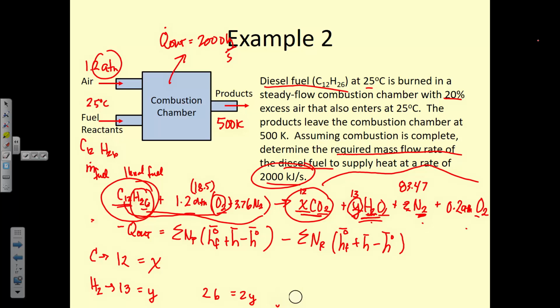Well, I think what I'm confused about is, for the oxygen, when you do the balance, you then have like 13 plus 24 plus 0.2. That's what I'm confused about. What is confusing about that?